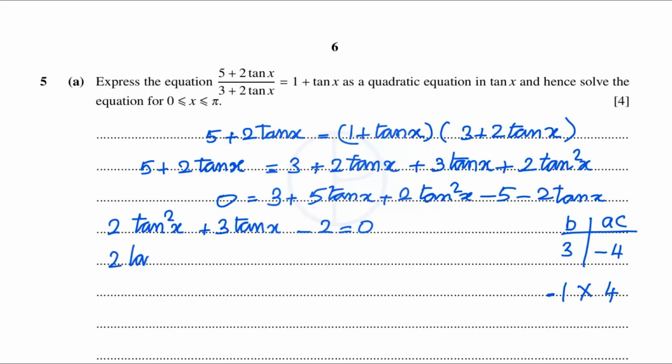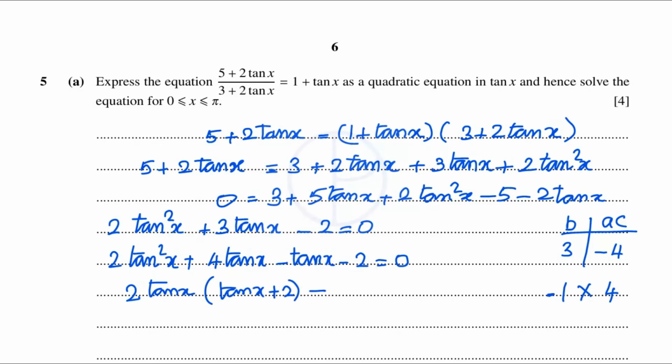Let's rewrite this as 2 tan square x plus 3 tan x can be written as 4 tan x minus tan x minus 2 equal to 0. Now group the first two terms, take 2 tan x commonly. So we get tan x plus 2 minus 1 times tan x plus 2 equal to 0.